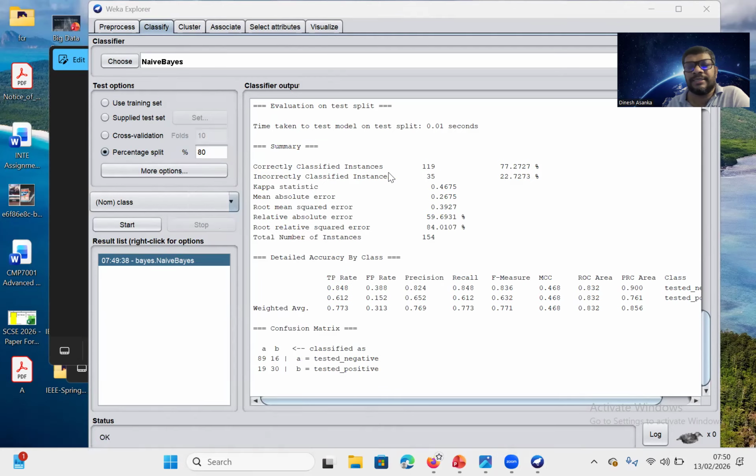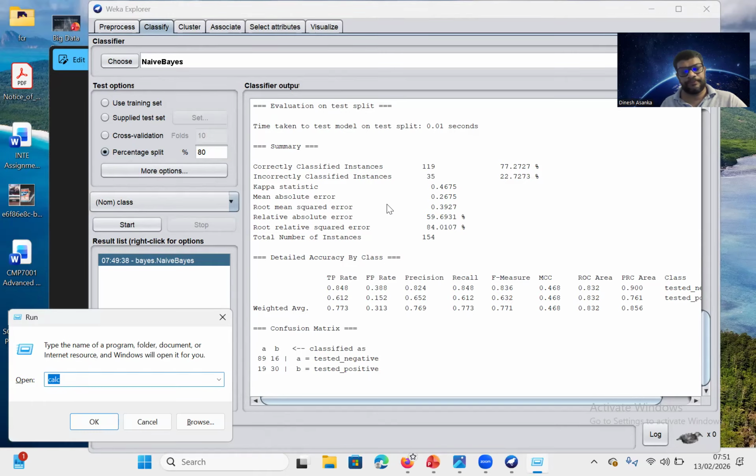So basically what this says is we have 768 records. We divided them into 80 and 20. 80% of data was used to train the model. The balance 20%, which is around 150 records, were used to test the model. Now, what does this split mean?